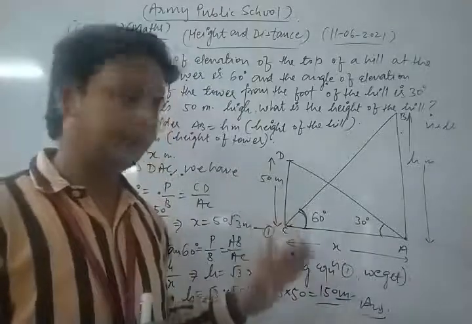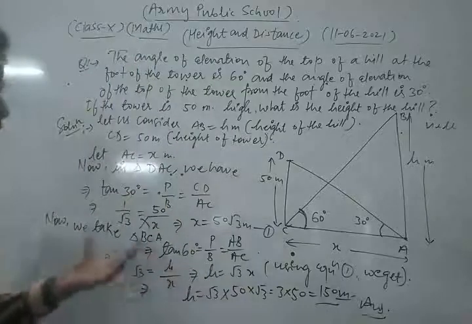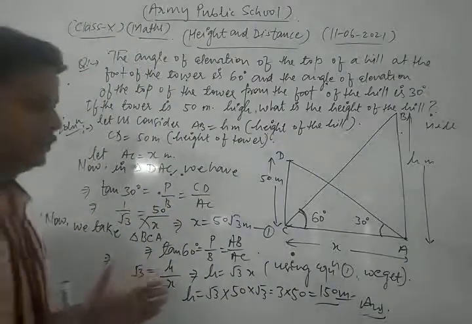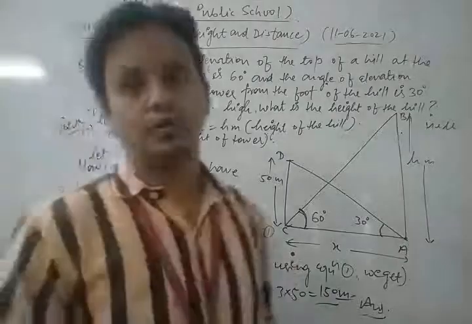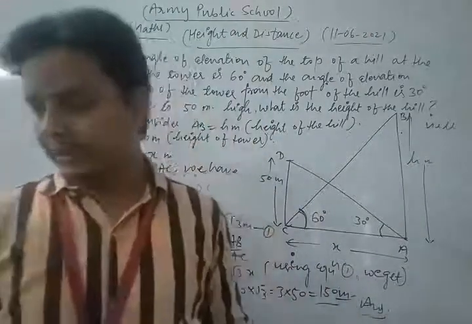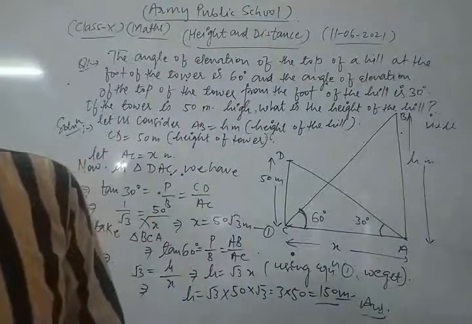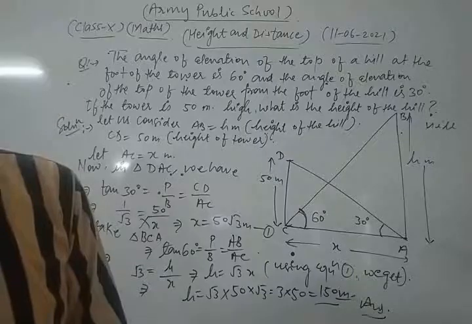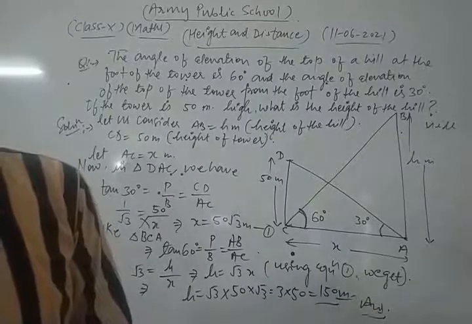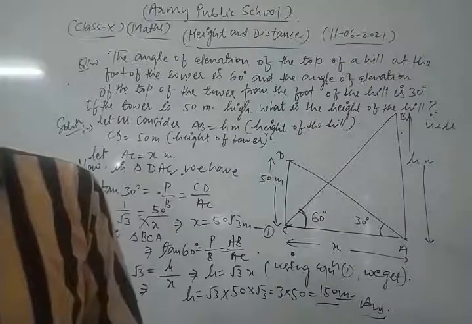Then you take triangles and apply the rules of trigonometric ratios and you find your result. So please, dear student, do more and more practice of all that type of question. After that you can solve each and every question of your NCERT exercise based on these topics. Okay.